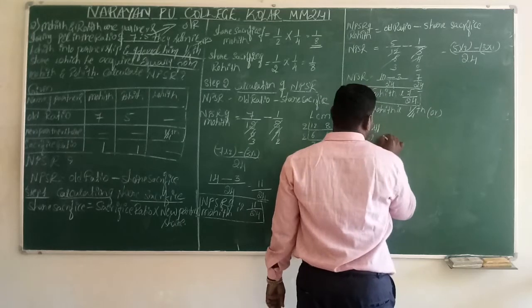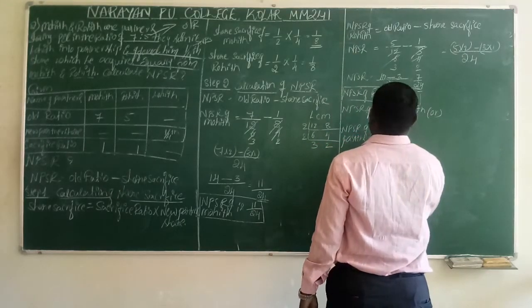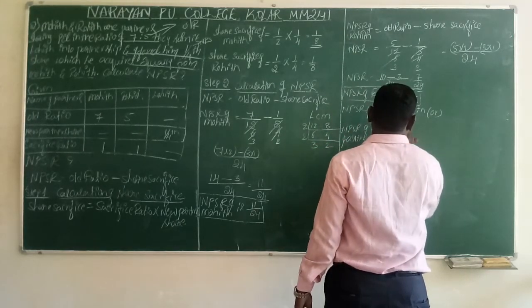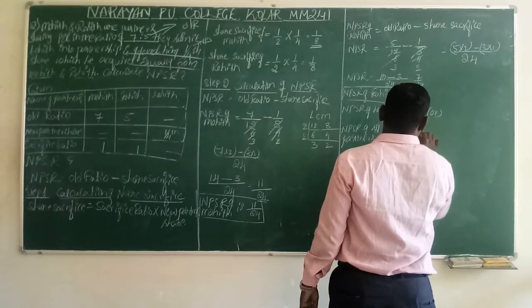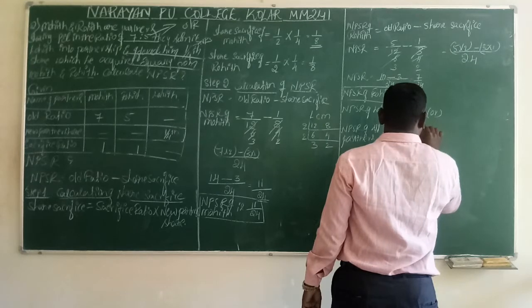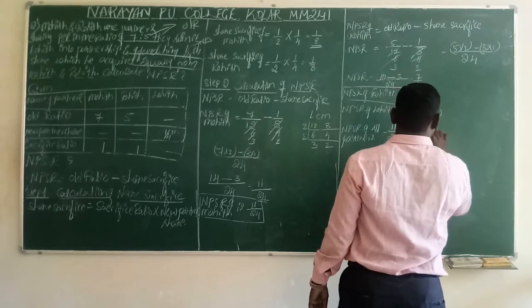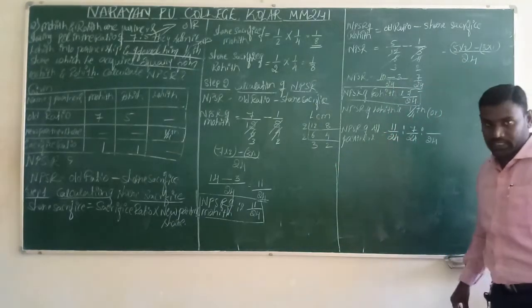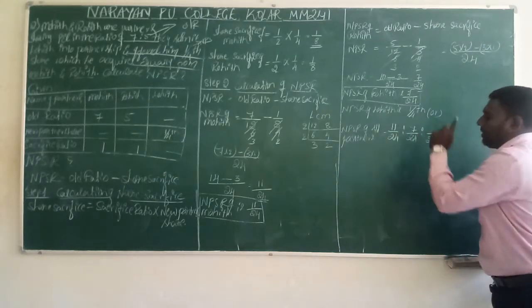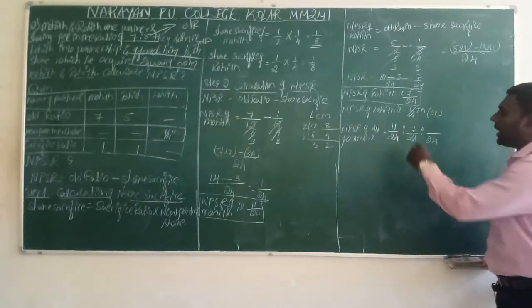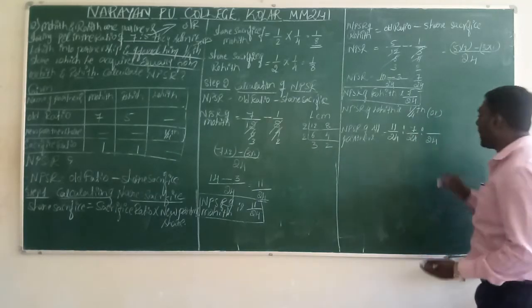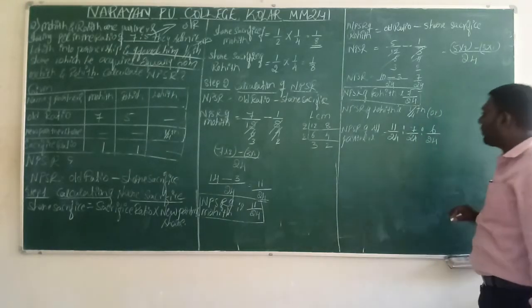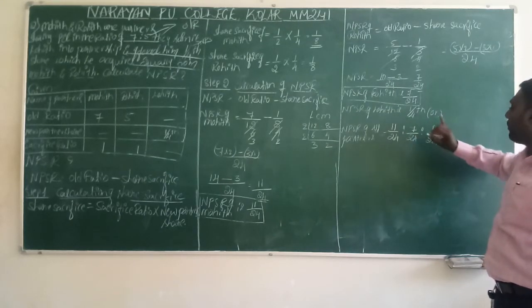NPSR of all partners: the first partner gets 11 divided by 24, the second 7 divided by 24, and 24 is common. Now we have to find the missing fraction. 11 plus 7 is 18, and 24 minus 18 is 6. 1/4 will be converted, so 4 is multiplied with 6, and 6 into 4 is 24.